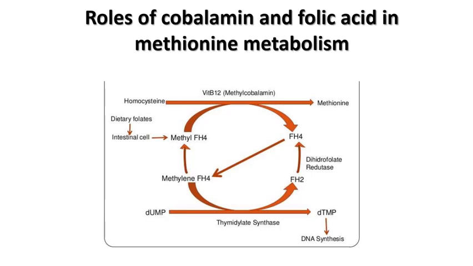Then with the help of another enzyme, dihydrofolate reductase, it is reduced to dihydrofolate, and methylene tetrahydrofolate also will be synthesized. That reaction is required for the conversion of deoxyuridine monophosphate to deoxythymidine monophosphate.